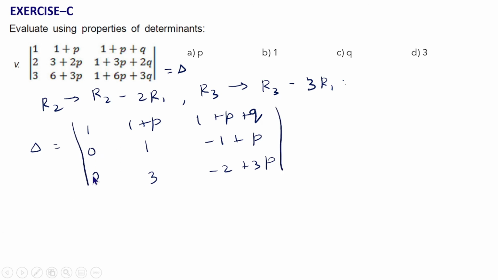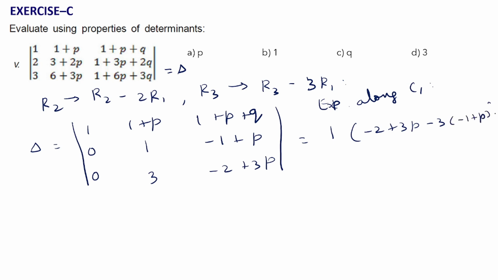Here, since these two are 0, we can expand along C1. So this is equal to 1 into, expanding along C1, it is 1 into minus 2 plus 3p minus 3 into minus 1 plus p, or this is equal to 1 into minus 2 plus 3p plus 3 minus 3p.